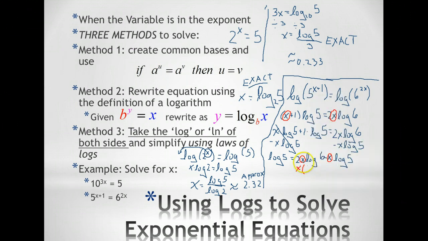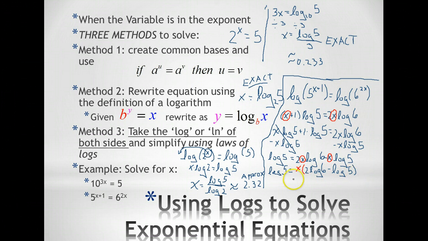So I divide the x out of the first term. I have everything that's left, 2 log 6. I divide the x out of the second term. I have log 5. And that equals log 5. Now I can get the x all by itself because there's only one of them. So anytime your variable shows up more than once in the equation, you must get all of those instances with that variable on one side and factor it out.